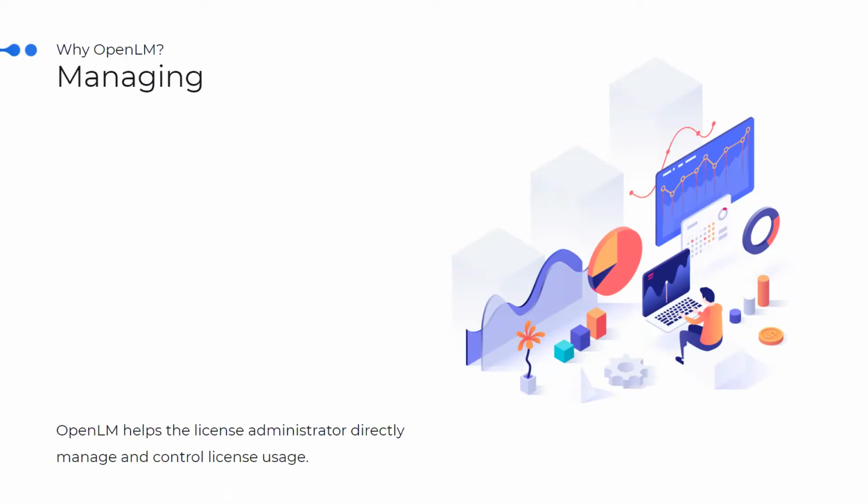Preventing license checkout when certain criteria are not met, for example, cross-country usage, or if you want the licenses to be checked out only within a specific time zone. Those kinds of restrictions you can put in, and you can prevent the license checkout accordingly.